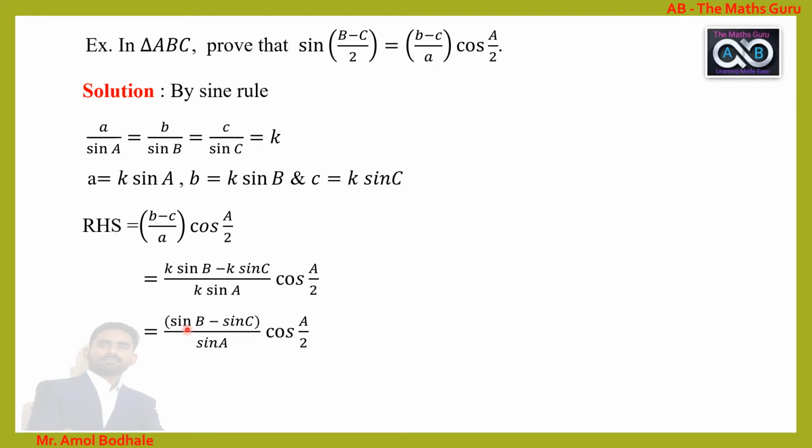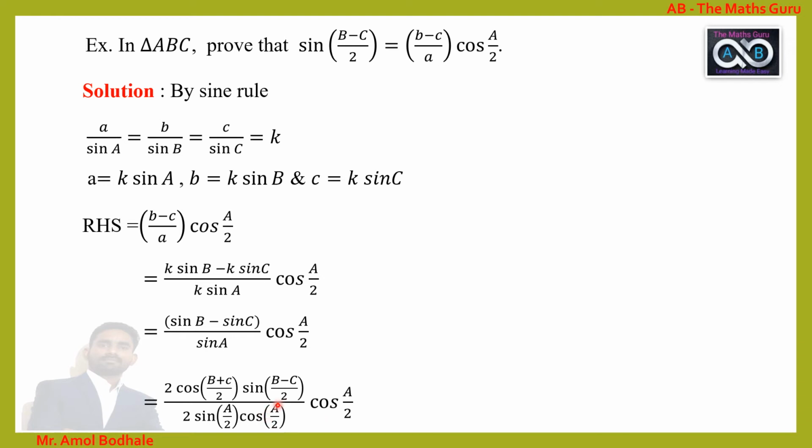Now sine B minus sine C can be written using the difference formula of trigonometric functions, that is, sine B minus sine C equals 2 times cos of (B plus C) upon 2 sine of (B minus C) upon 2. Similarly, sine A can be written as 2 times sine A by 2 into cos A by 2.